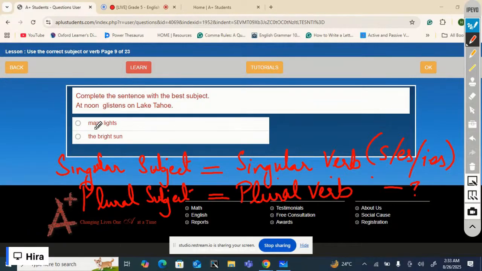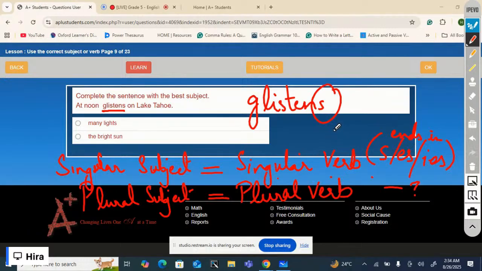Okay. Now glistens. We don't have the subject in this sentence. We have the verb, and the verb is enough to tell us which subject we are going to choose. Glistens ends in s. And which verb ends in s or es?